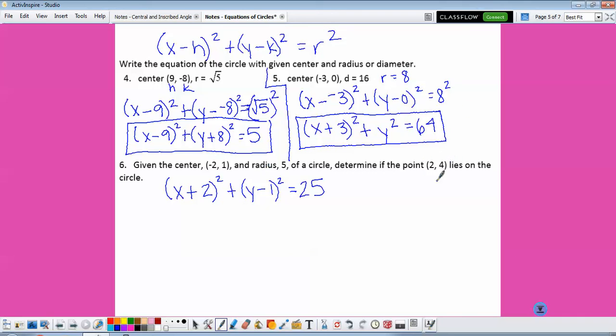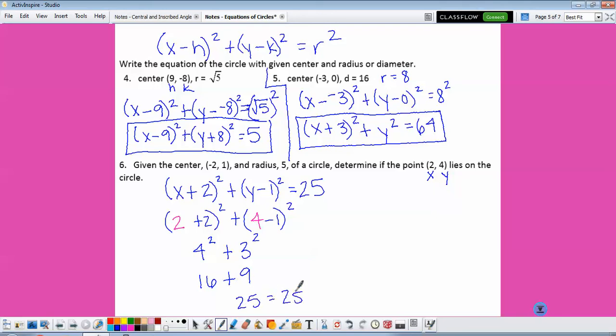The easiest way to determine if 2, 4 is on the circle is we're going to plug in the 2 for x and the 4 for y and see if we get 25. So plug in the 2 plus 2 squared plus 4 minus 1 squared. 2 plus 2 is 4 squared plus 4 minus 1 is 3 squared. 4 squared is 16. 3 squared is 9. 16 plus 9 is 25.